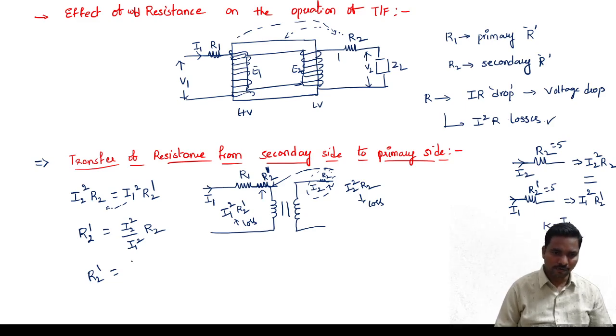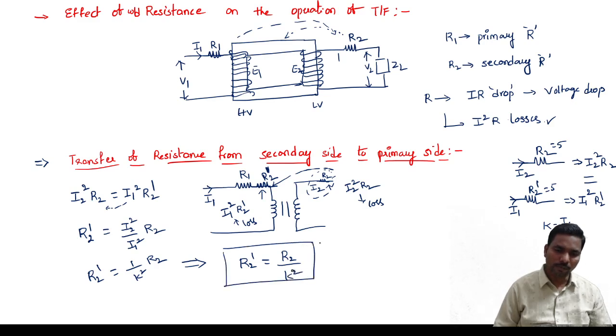So that is 1 by K square into R2. Finally, R2 dash is equal to R2 by K square. This is the final thing we need to remember.